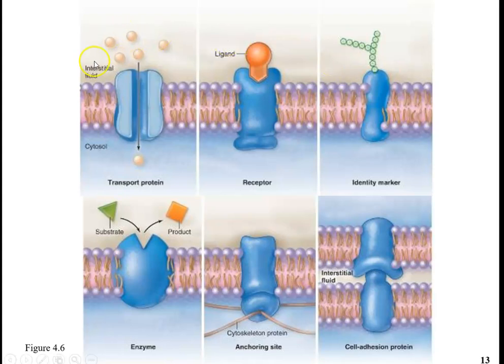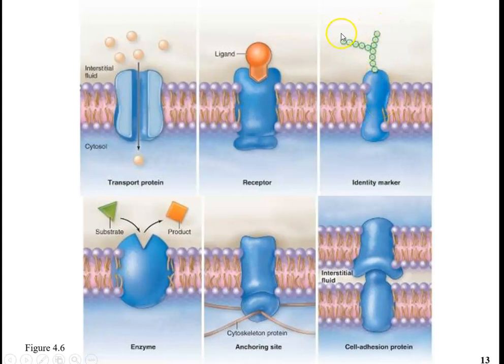Here are pictures of all the categories we just talked about. A transport protein might let certain molecules through and not others. A receptor has a special binding site for a ligand to bind to it, and it activates the receptor, and a signal is essentially communicated to the cell. You can have an identity marker, and here's that carbohydrate group we looked at earlier attached to a protein.